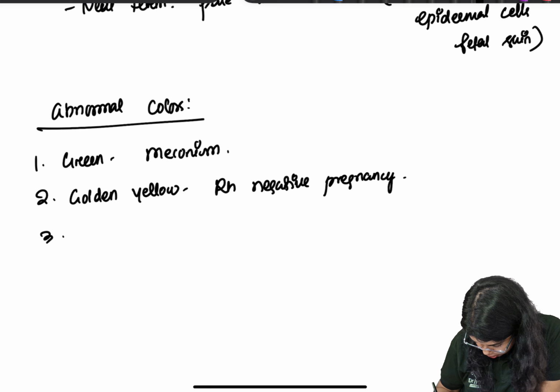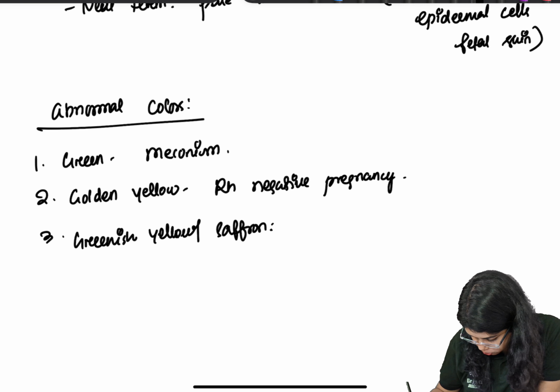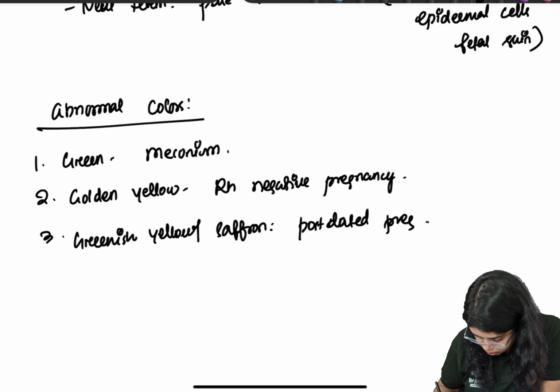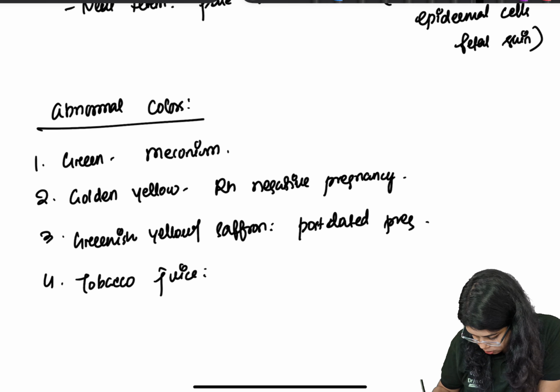Then greenish yellow or saffron in post dated pregnancy. Then tobacco juice in case of intrauterine death of the fetus.